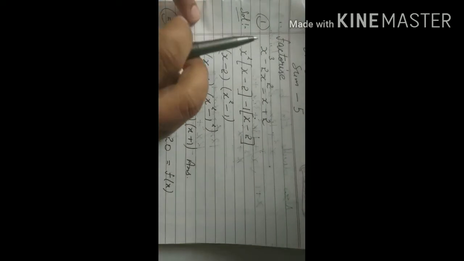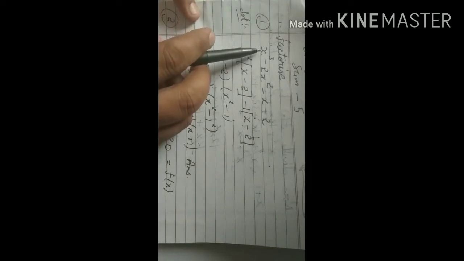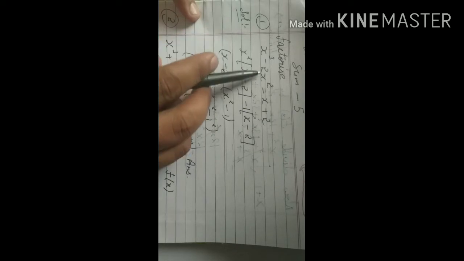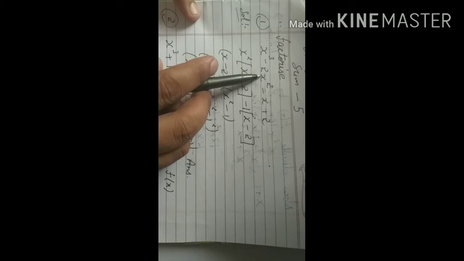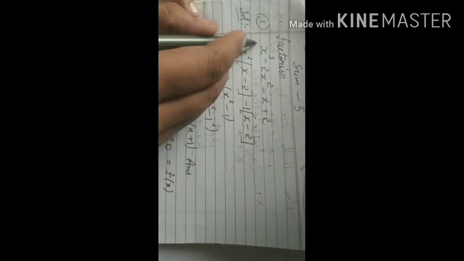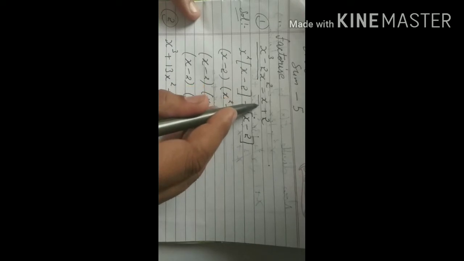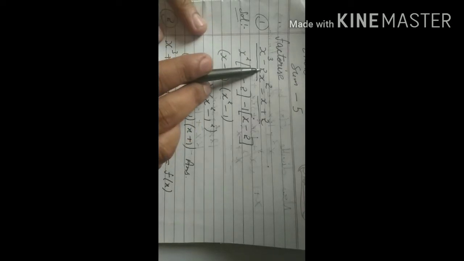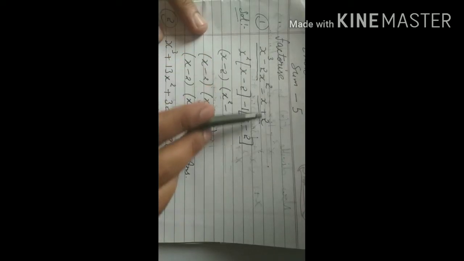So in this polynomial, if we see carefully, we get x cube minus 2x square in these two terms, and in the last two terms, minus x plus 2, we have 2 in the second term and 2 in the last term.